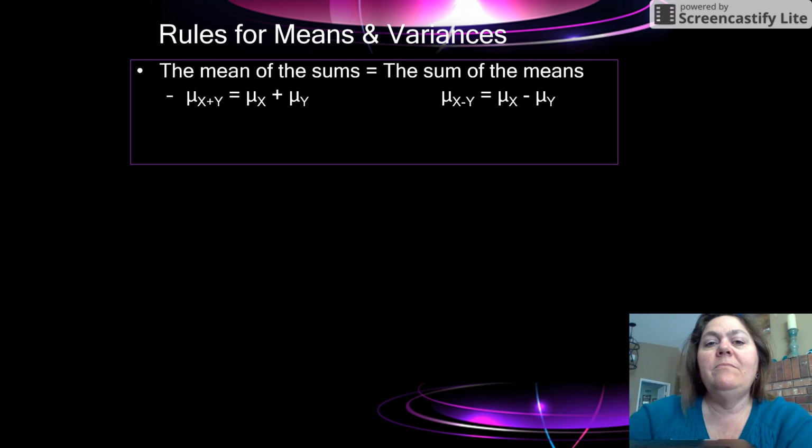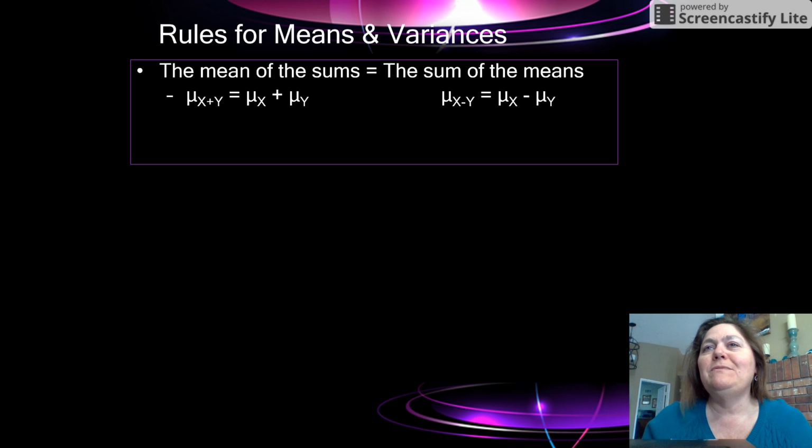For our probability distributions, if we have two separate distributions, X and Y, the mean of adding those two together to make one new distribution would be the same as the mean of each distribution added. So you can see here the sum of the means is the mean of the sums.